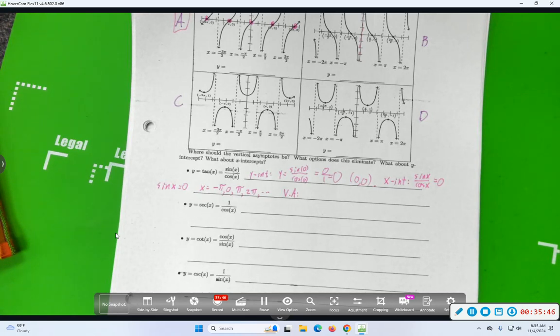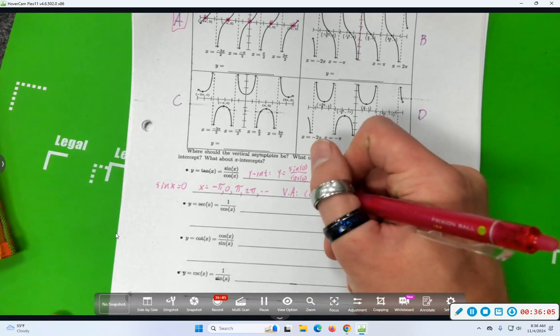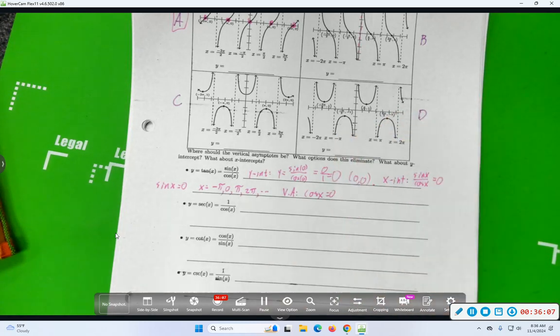So a vertical asymptote is what happens when you divide by 0, as long as you don't also multiply by 0. So that means I need to see when the denominator is 0 to find vertical asymptotes. So let's set the denominator equal to 0 and see what we get. And this time I'll advocate using the graph of cosine instead.